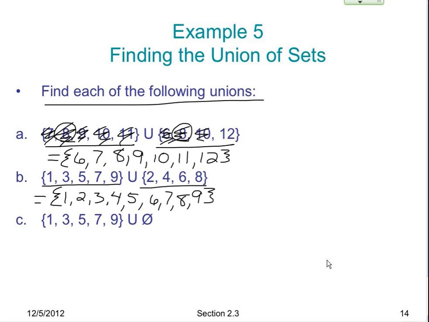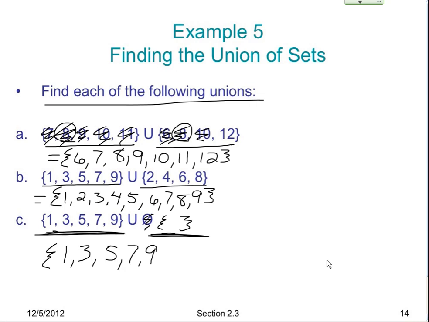For the last one, I have this set, and again, the empty set has nothing in it. So I have to take everything in this one, everything in this one, and add them into one big set. So I have 1, 3, 5, 7, 9. Notice the empty set does not contribute anything to the union.